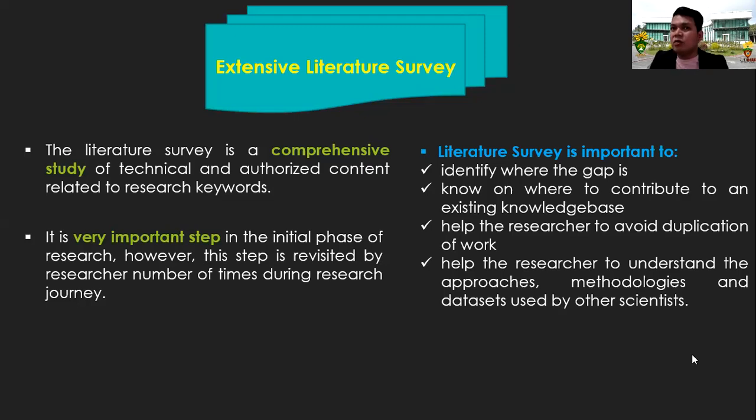You are guided by what's existing and what's available in the database, and then where you can place yourself, so that you don't just replicate. You copied his method, his objectives, and his sampling method. So it's not a research already, it's already existing. The literature survey will help the researcher, will help you to understand the approaches, methodologies, and data sets used by other scientists.